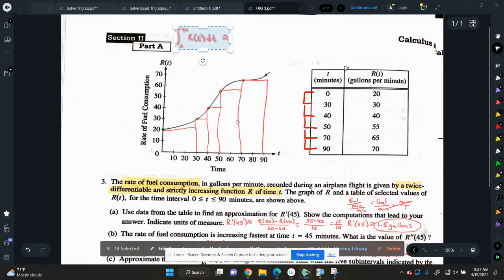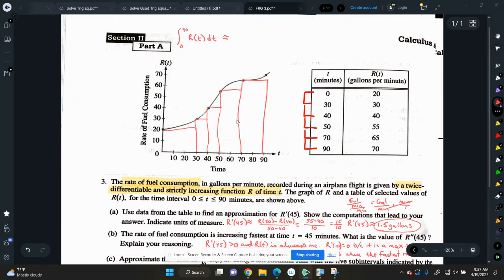All right. So when I write, I'm going to write my formula out. So this is going to be the left Riemann sum. So it's 0 times the width, which is 30, plus the next rectangle. Oops, did I do that right? I did that wrong. Yep. 20. Sorry. 20 times 30.